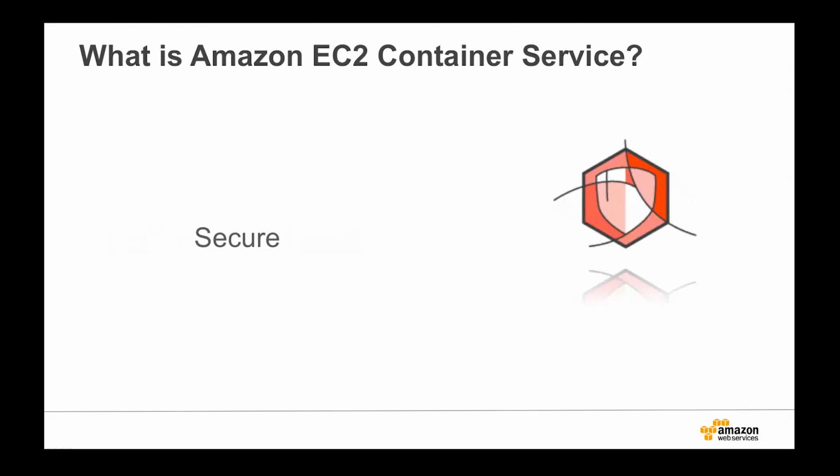We obviously wanted to be secure. It was a key area that our customers wanted us to address. So there are a few decisions that we made to support that. One is that these are your containers and your instances. So you are launching a set of EC2 instances and running containers on them. We never allow two different customers, two different accounts, to run containers on the same EC2 instance.